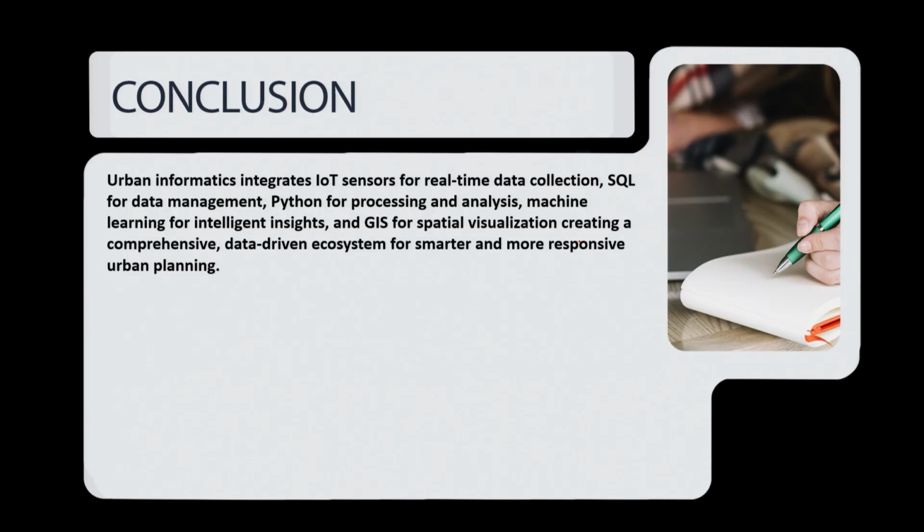Of course, it is not everything of urban informatics. Urban informatics also means building larger models, doing predictions, building simulators and many other things. But it is basically an amalgamation of all these different technologies which makes this subject very interesting and also very relevant for the coming future. Thank you.